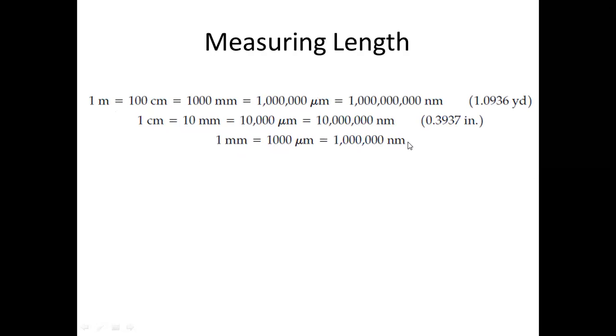This is how you can convert 1 millimeter equals 1000 micrometer or 10^6 nanometer. Similarly, you can do it for how many nanometers are there in 1 micrometer. You divide by 1000, that means 1 micrometer equals 1000 nanometer.